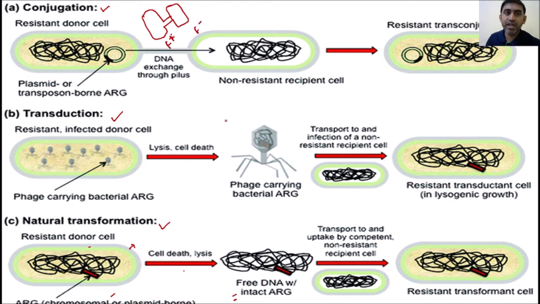F is a fertility factor present in the plasmid that forms this conjugation tube. In bacteria, true sexual reproduction is absent. Instead, there is conjugation. So what happens here? This F plus means male bacteria.